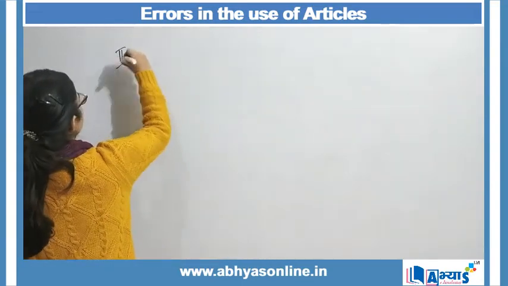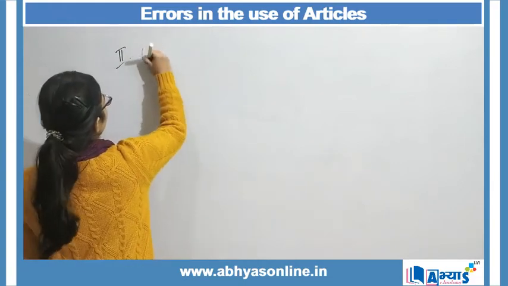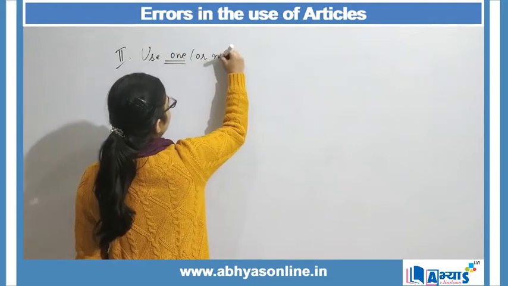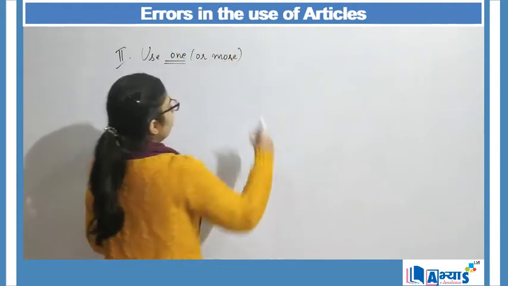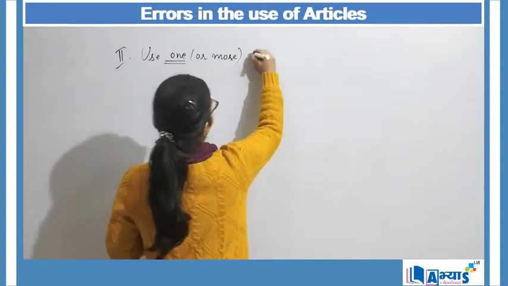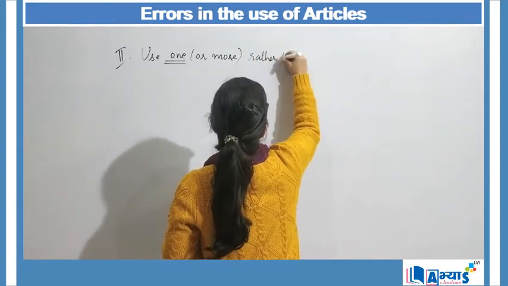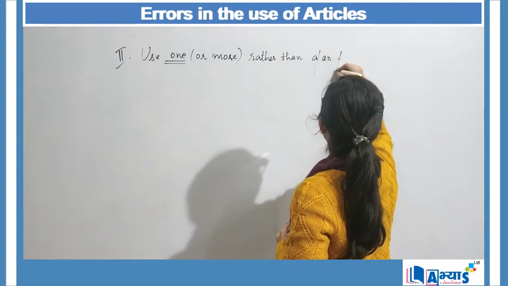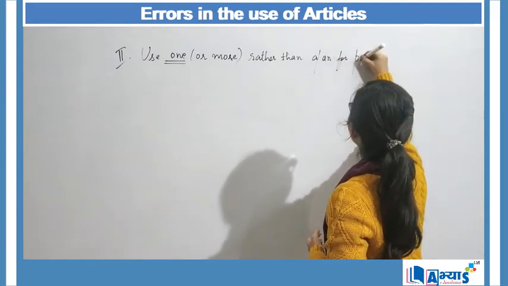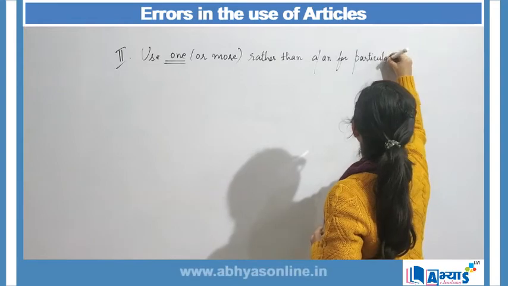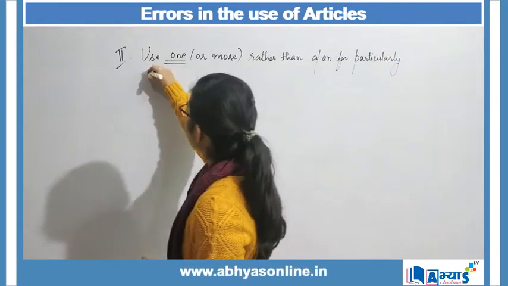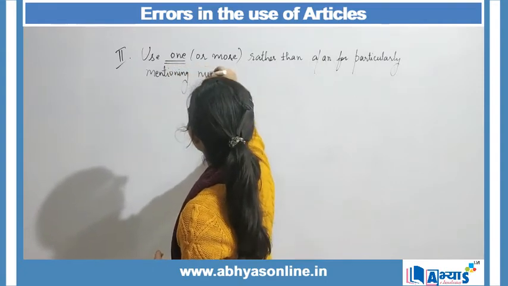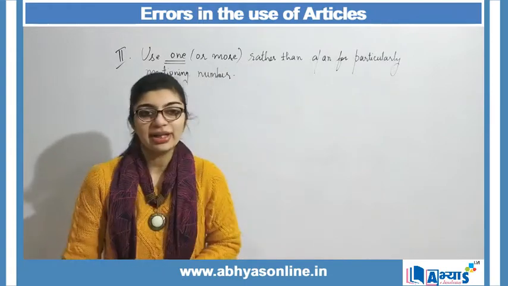So the second concept is that we use 1 or more rather than a or an for particularly mentioning the number. When we are particularly mentioning the number, in that case we make use of 1 instead of mentioning a or an.